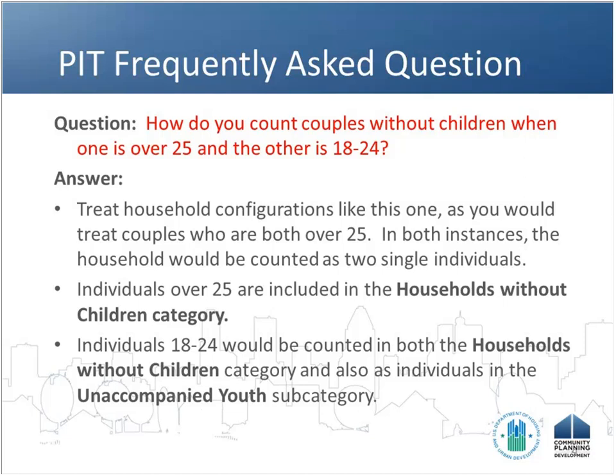So the 18 to 24-year-old youth would be counted in two places, maybe more, but for our purposes here, in two places: in the households without children category for the 18 to 24 age group, as well as the unaccompanied youth category for 18 to 24. So it gets a little fun when we throw in the other subcategories beyond the core household groups. So somebody can be recorded in multiple places, but those three core household groups should never have duplication. I think that answers it.